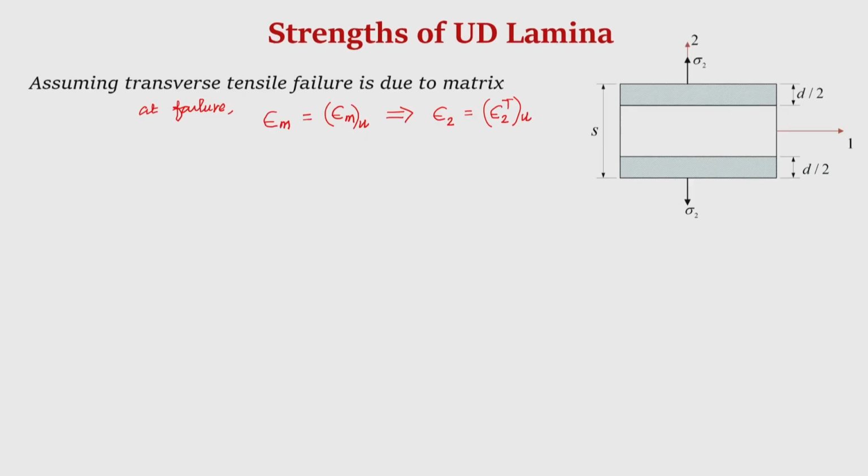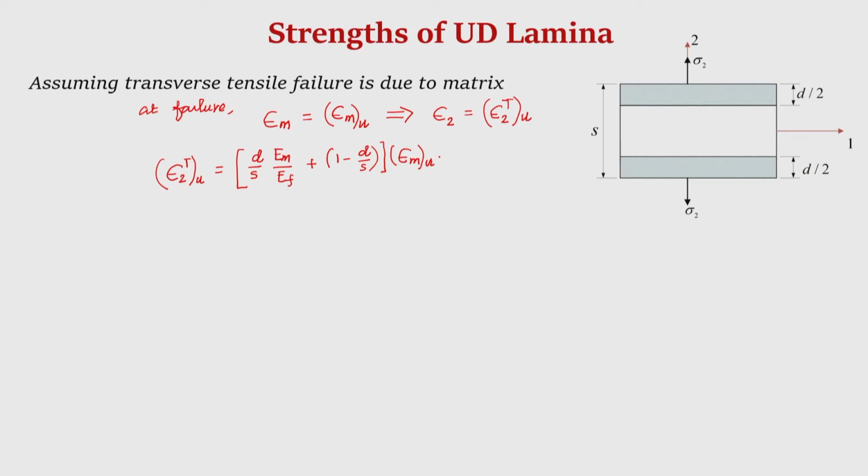Therefore, we can write epsilon 2 T u is equal to d by s E m by E f plus 1 minus d by s into epsilon m u.